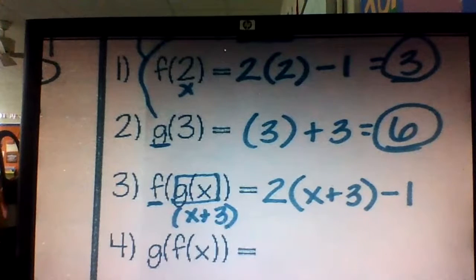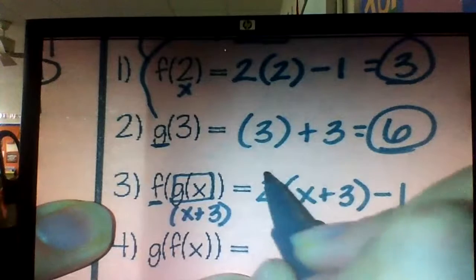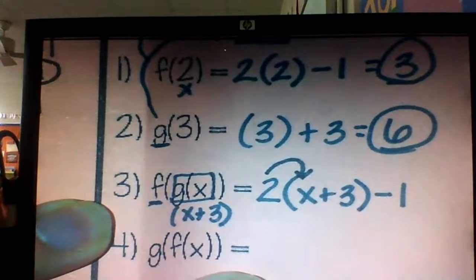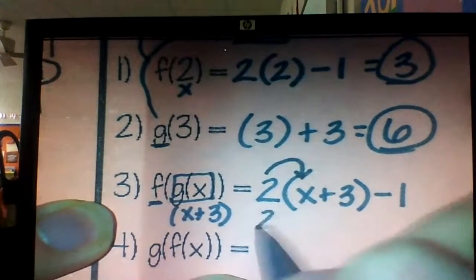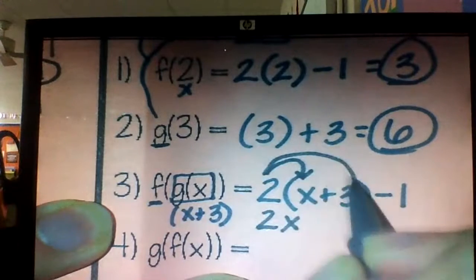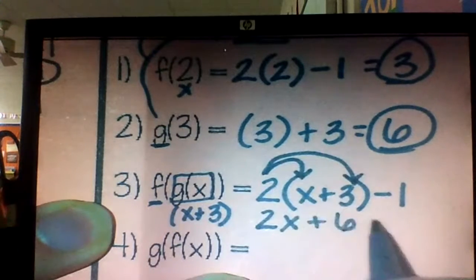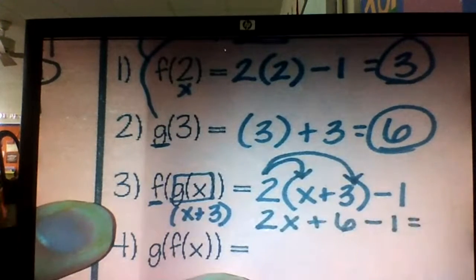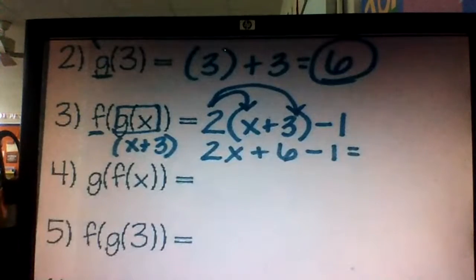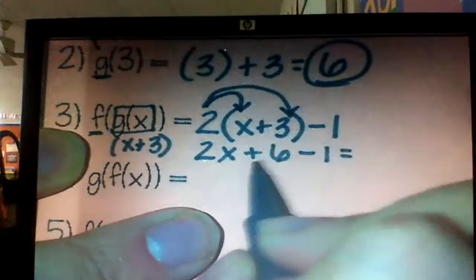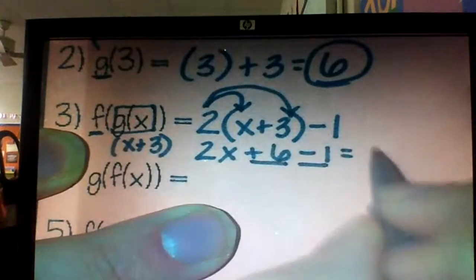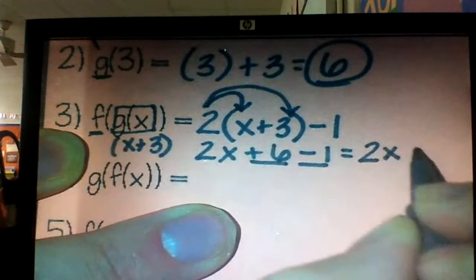I need to take that 2 and multiply it by both things in the set of parentheses. So 2 times x, and 2 times 3 is 6, and minus 1. 6 minus 1 are like terms. So we finish with 2x plus 5.